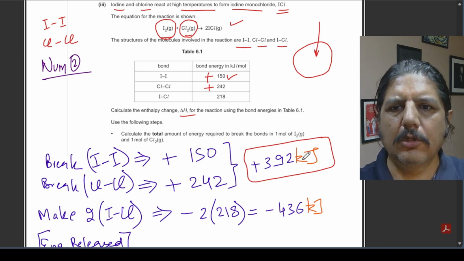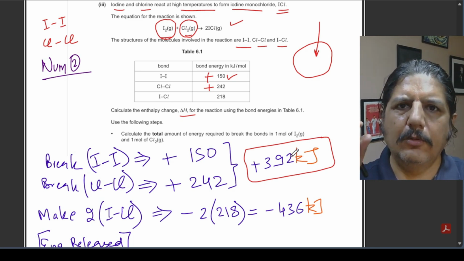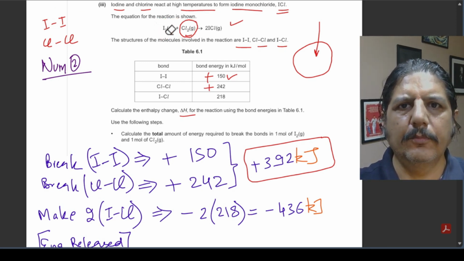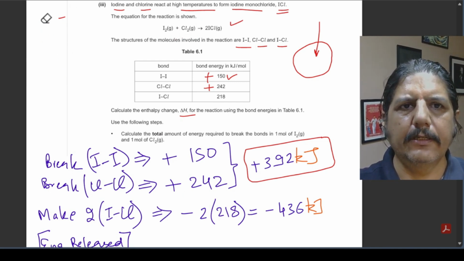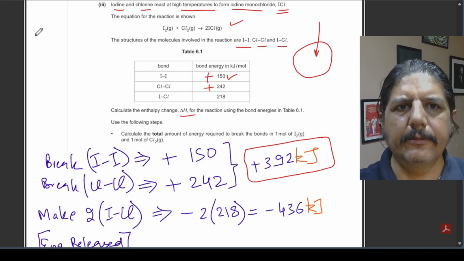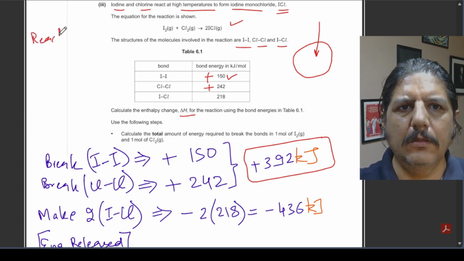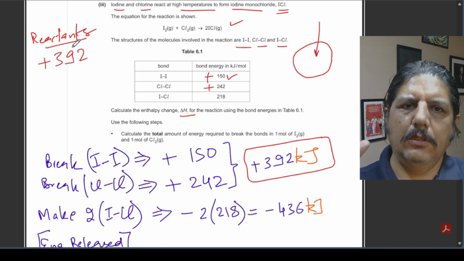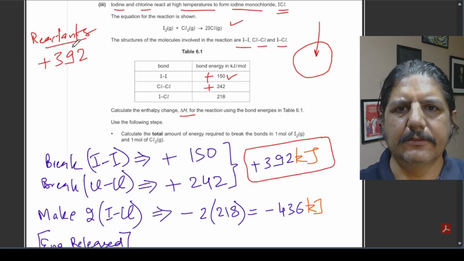Basically, a total of 392 kilojoule of energy is required to break the reactants first. That is another way of looking at it. To break the bonds of the reactants, I will be requiring 392 kilojoule of energy. This has to be put in the system.